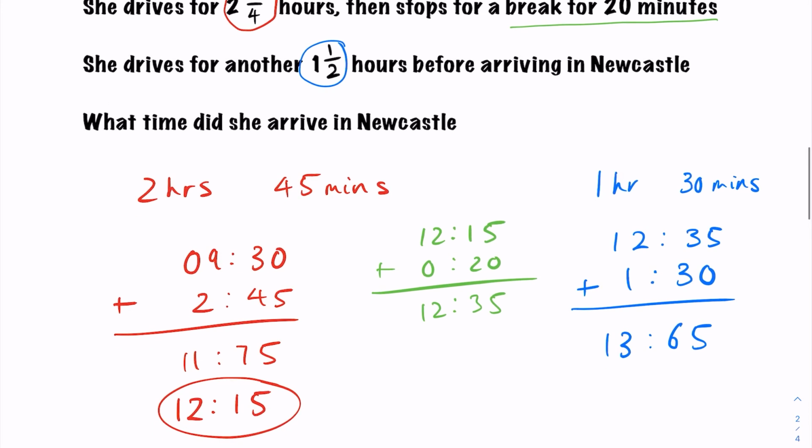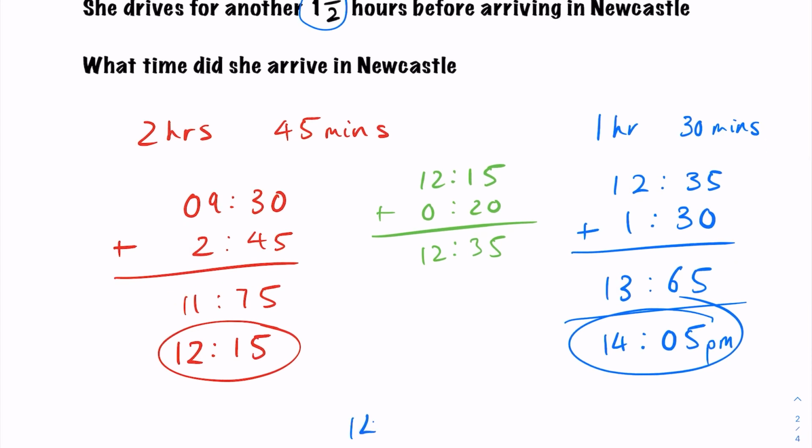So we're going to have to break off 60 of those minutes to mix in with the 13 hours that we have there to give us 14 hours and 5 minutes. So it'd be 14:05 is the time that we'd arrive in Newcastle. That'd be PM there in the afternoon. So 14:05 is the time that we arrived.